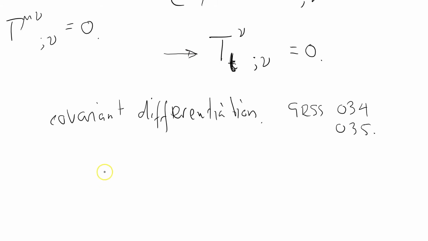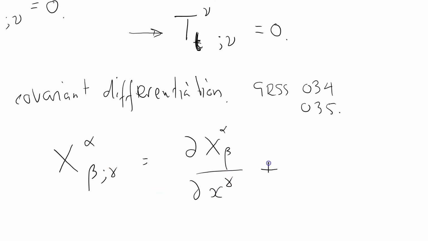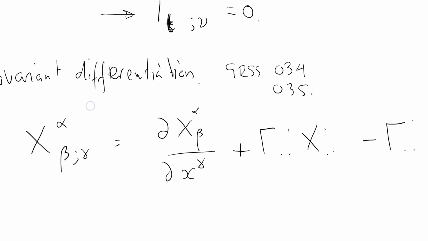We had a tensor, I'm going to call it X, with an upstairs index alpha and a beta, semicolon gamma, and that was equal to, let me see if I can get this right. It's quite tricky to get everything right. So it was partial X alpha beta by partial x gamma, that's that gamma there, plus a correction for the upstairs index, and a negative correction, a subtraction, for the downstairs index.